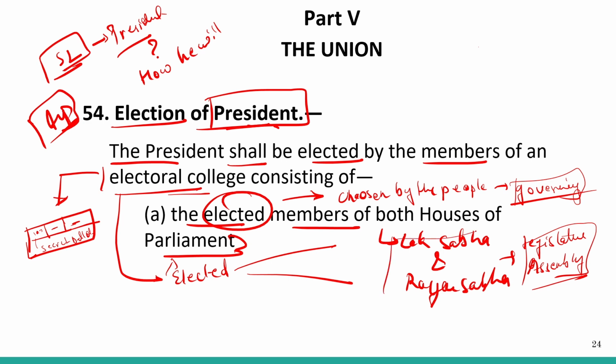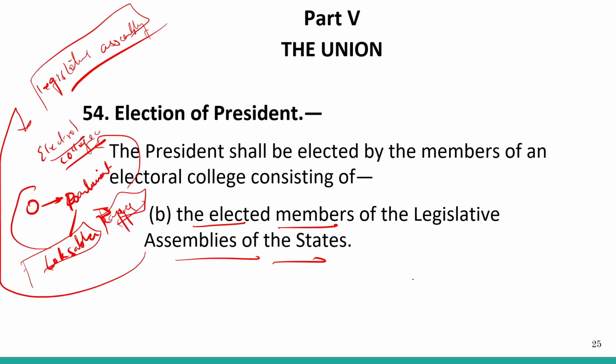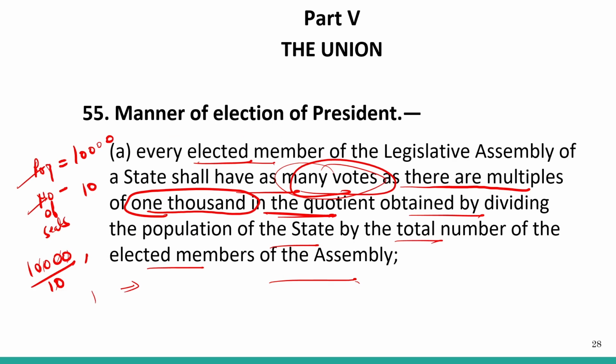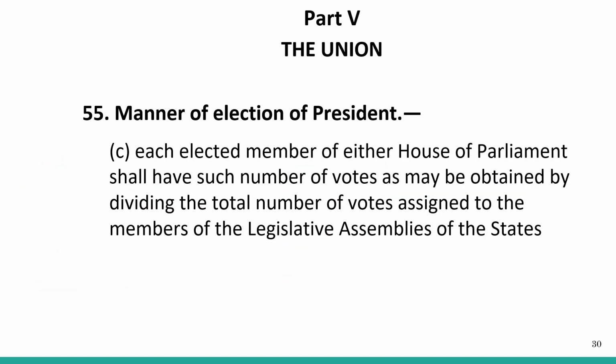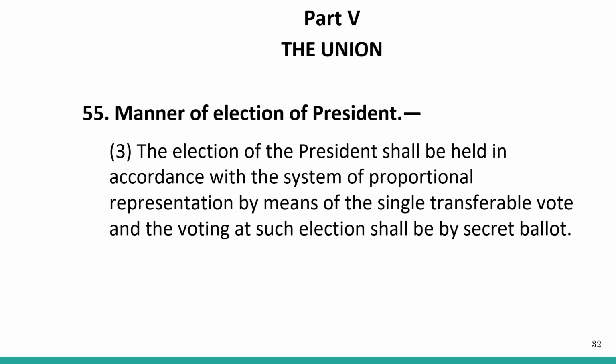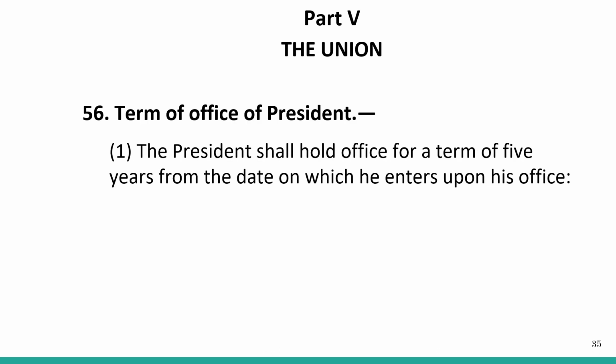So these three will consist of the electoral college, and how the votes will be calculated I have just informed you. This is something you don't need to worry about, it is not important for you.